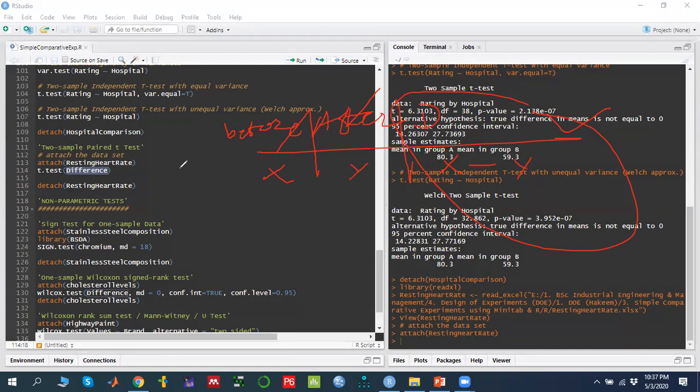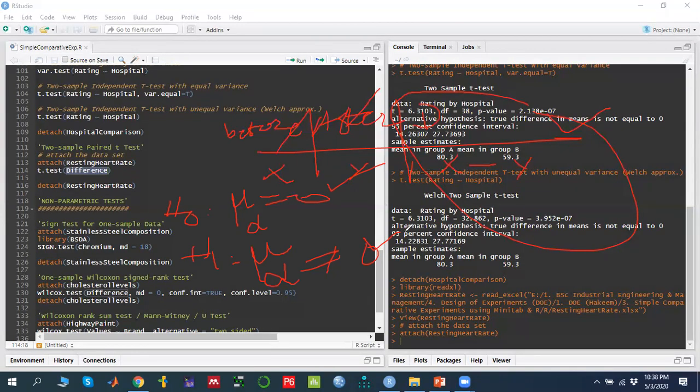How can I do that? I can use H naught: mu d, the difference between before and after, is equal to 0, whereas the alternative hypothesis is that the difference is not equal to 0. That means the running program has no effect, that is the H naught, whereas in the alternative hypothesis we are saying that the running program has an effect.